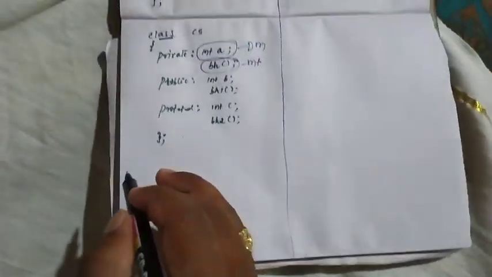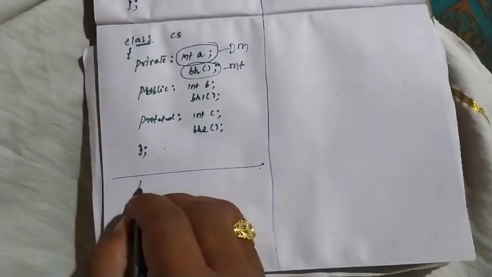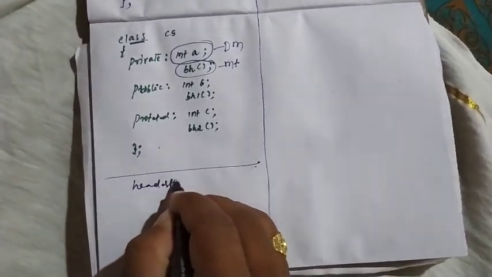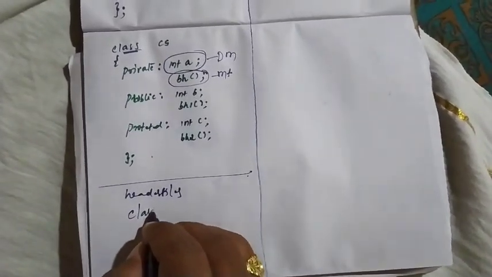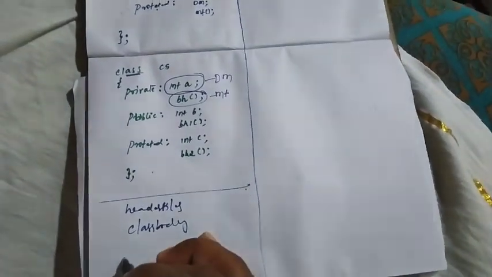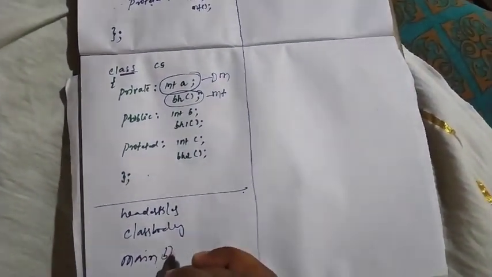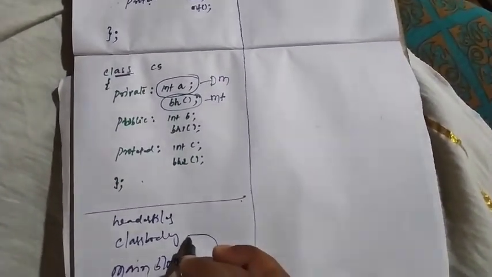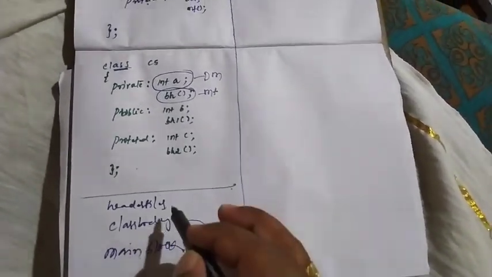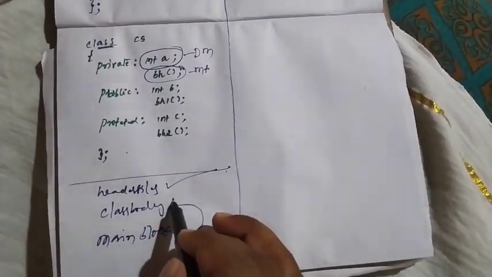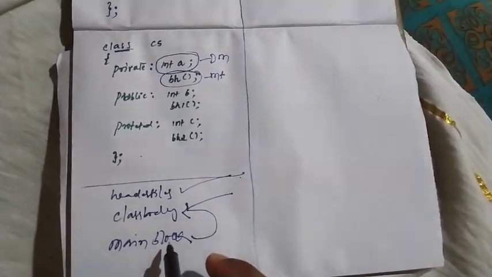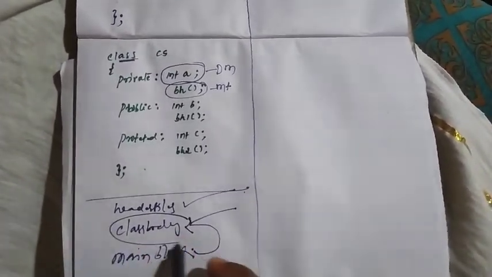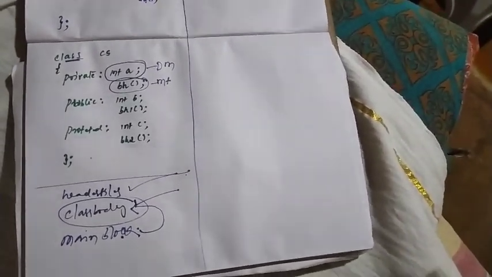The first one, header files must be there. Then the class body, and the main block must be there to execute the class body. There are three things: one is the header file, second one is the class body, third one is the main block to execute this class body.